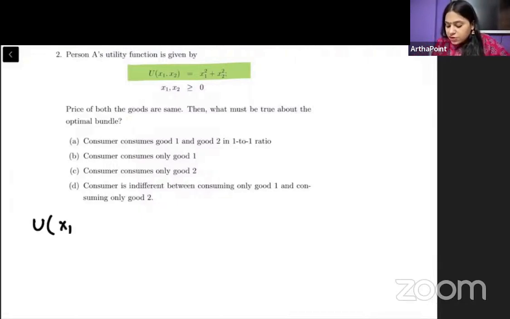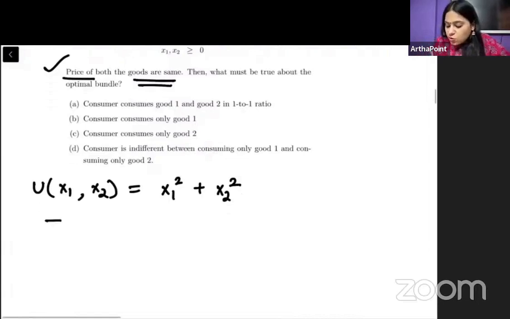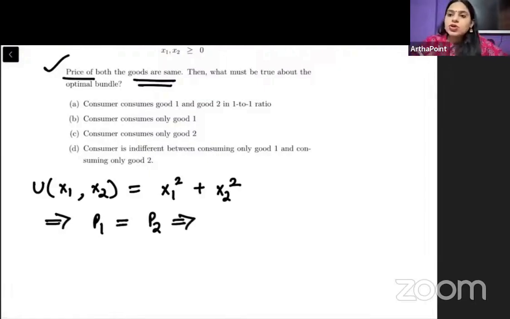So your utility function is x1 square plus x2 square. And this has already told me that the price of both the goods is the same. So this means that the price of good 1 and the price of good 2 are assumed to be the same. So you can take them as some p, but they are the same.